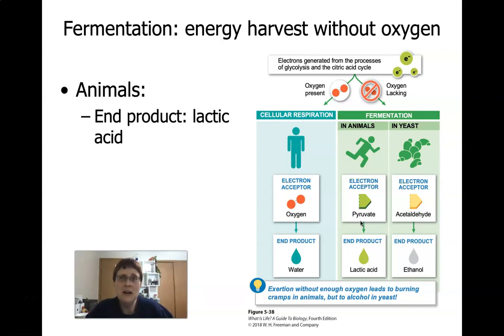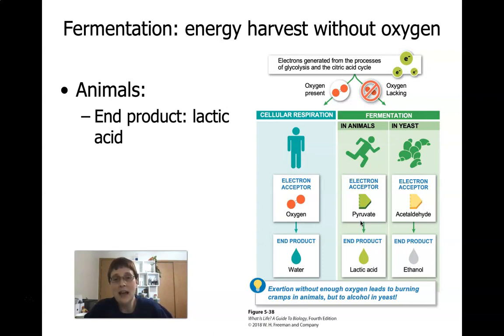Probably said something along the lines of stretching, doing a workout again, giving yourself a couple of days. And those are all correct, because what those do is get your cells to start breaking down the lactic acid.